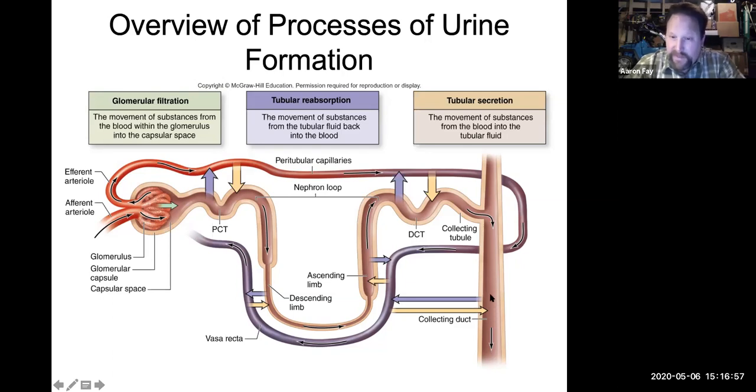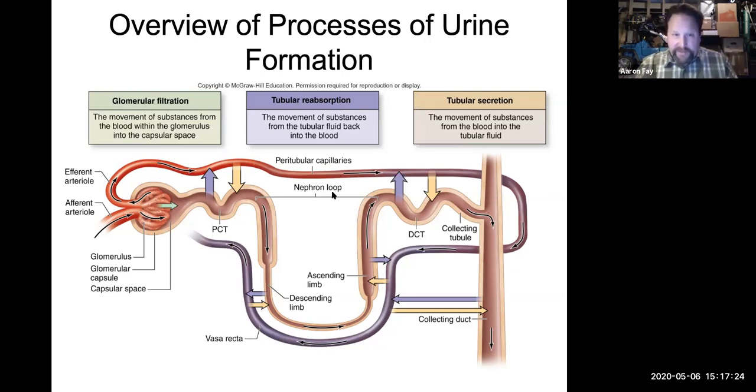So long as you can alter the makeup of this waste material, we call it filtrate. Once it leaves the renal papilla, we can no longer change its characteristics. You can't change the water concentration. You can't change the salt concentration. Once you can no longer make any alterations to it, then and only then do you call it urine.